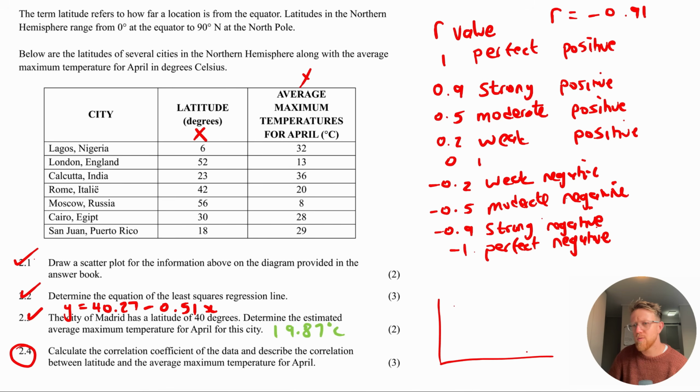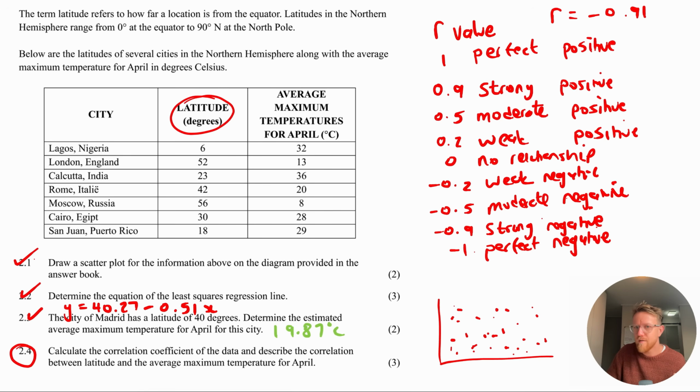And then 0 would just be that there's absolutely no relationship. So that would just be random. There wouldn't be anything that you can say. What that would mean in mathematics is that the latitude has no effect on the temperature. There's no relationship.